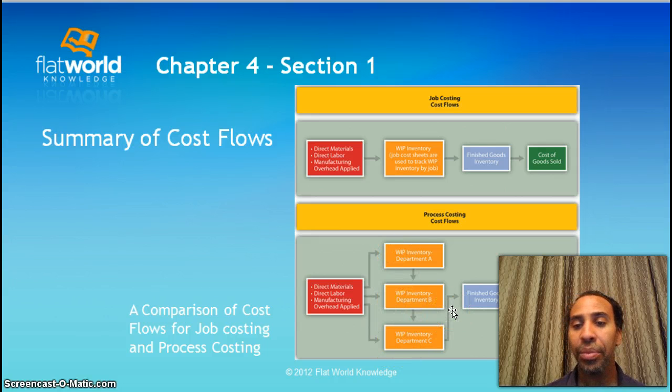And then it goes to the finished goods inventory. So when you think about it, it could be various processes that you go through in this process costing in order to come out with the final product. And it goes to finished goods inventory and cost of goods sold. So you see these two mirror as well. The only difference is right here in the middle.